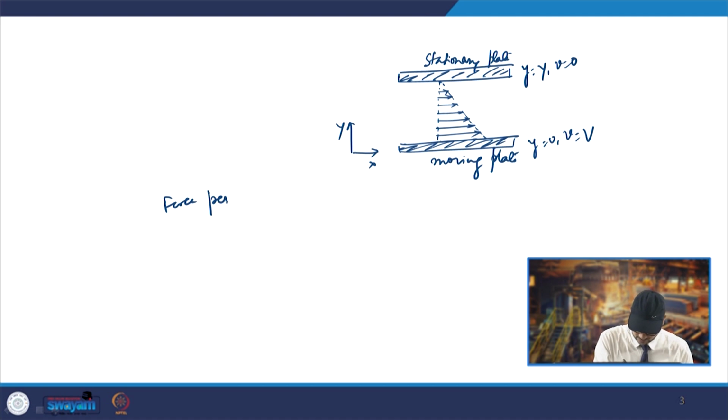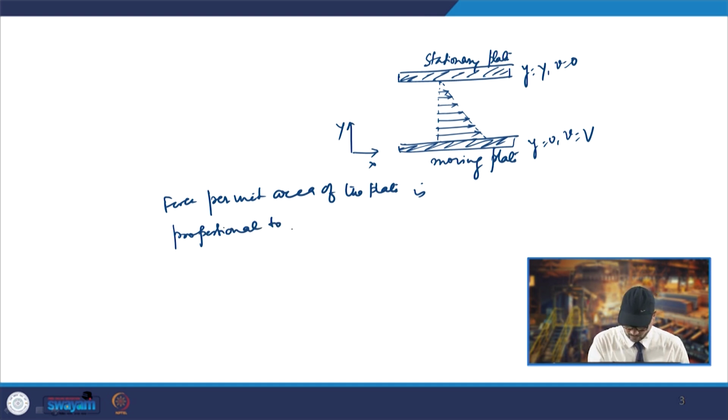So, the force per unit area of the plate is proportional to the velocity v and inversely proportional to the spacing between the plates.